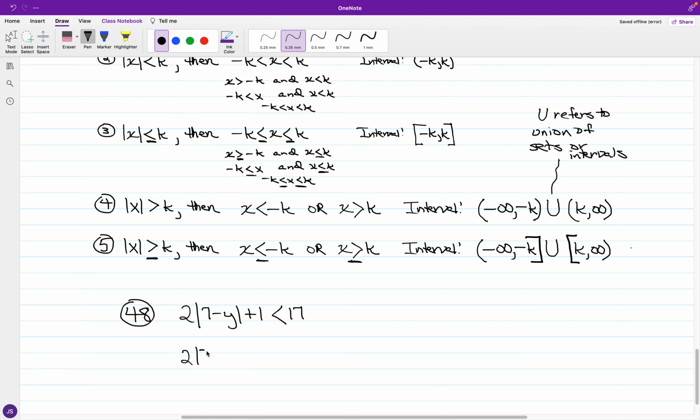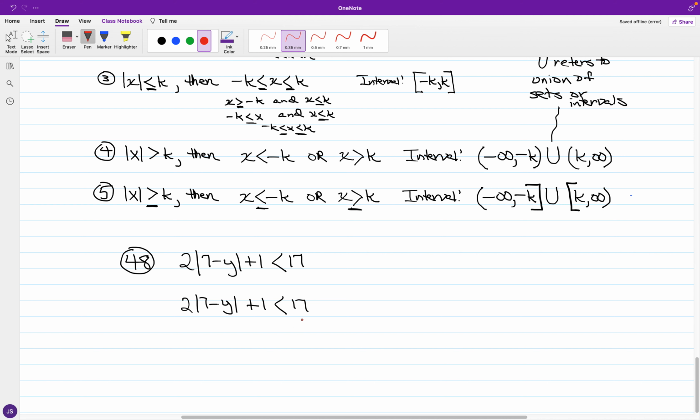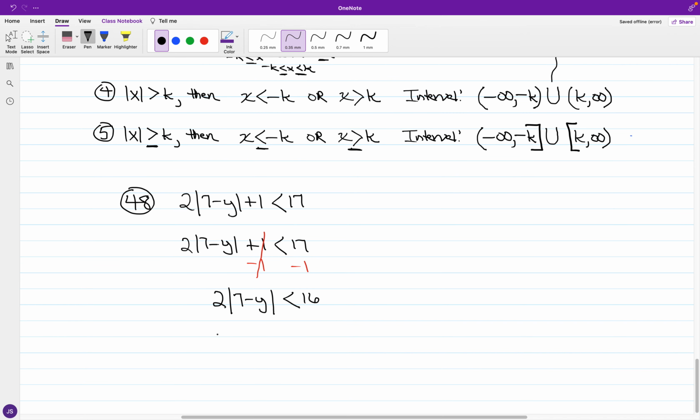So looking at the inequality, we can proceed by subtracting, undoing the addition of 1. Upon subtracting, we have 2 times the absolute value of 7 minus y is less than 16, and I have the coefficient 2 to take care of.